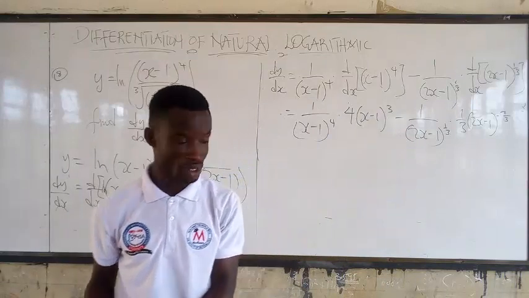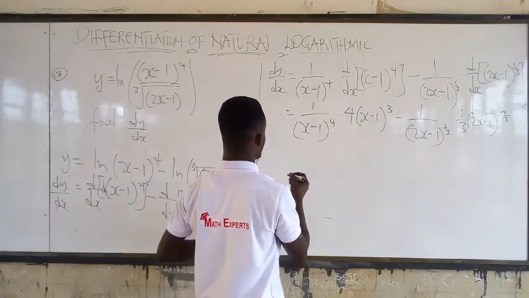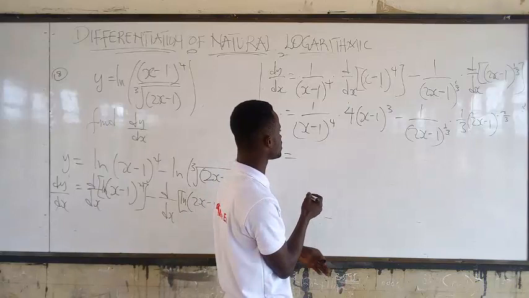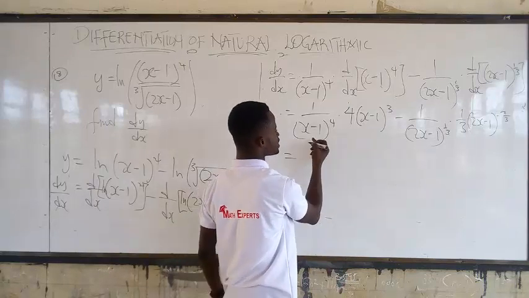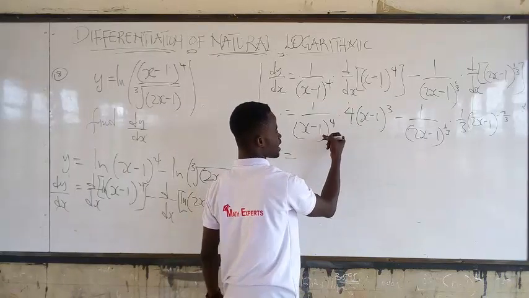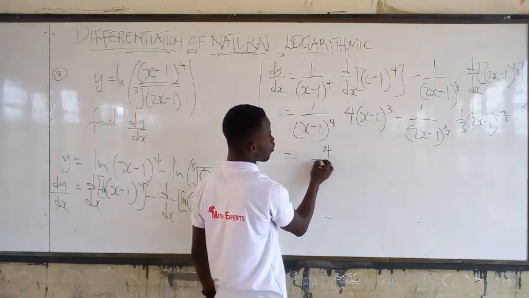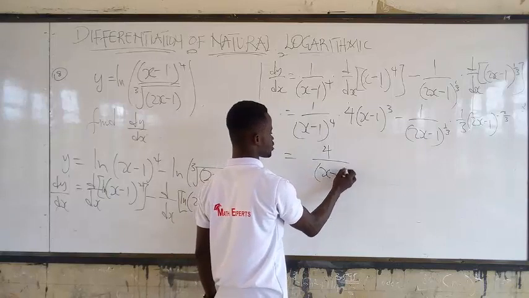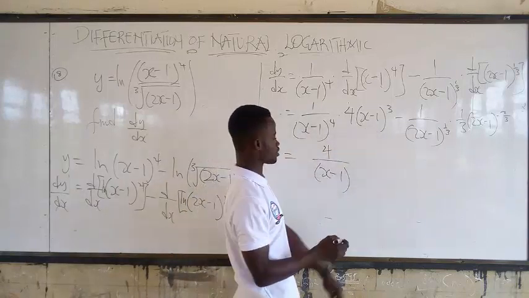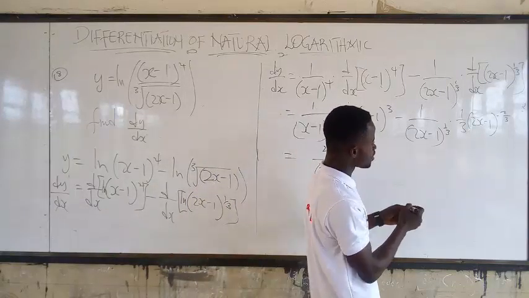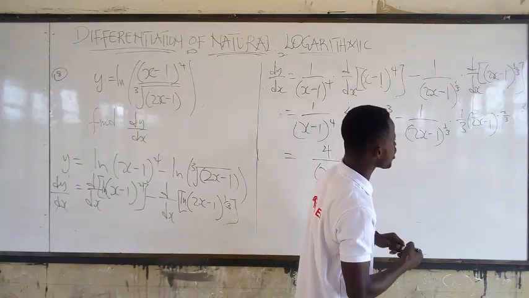Let's continue. Here you can just simplify it, and then you see this will cancel this, so it will be left with 1 here. So we have 4 over (x minus 1), since the inside is the same thing. Minus this side, 2, don't worry yourself.